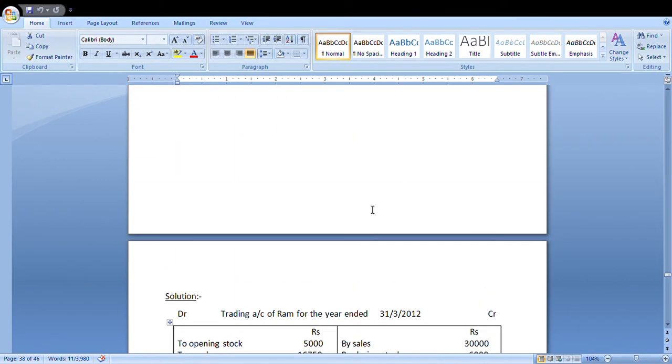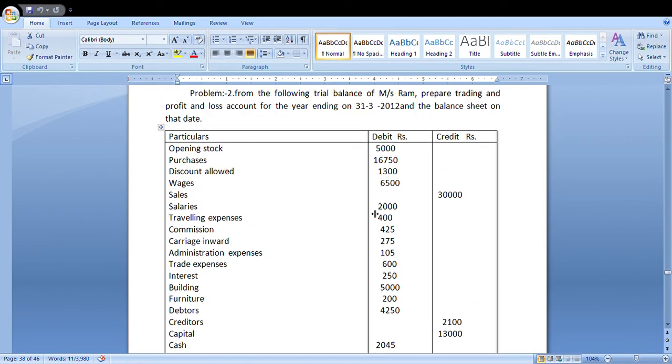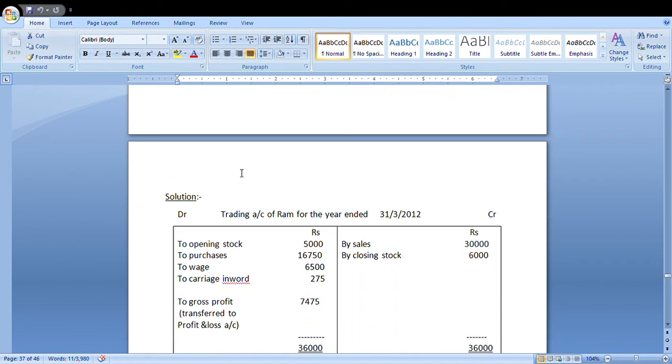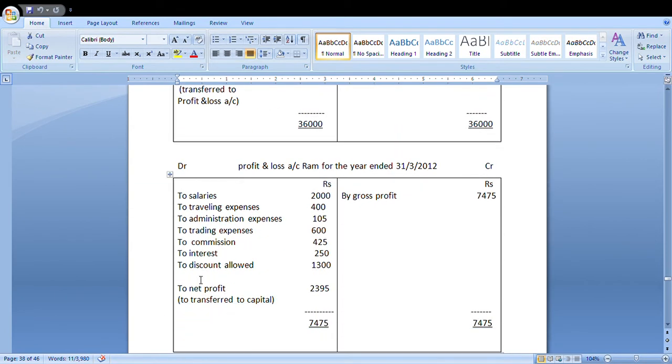First, opening stock is already entered in the trading account, so it is not entered again. Purchases are also entered in the trading account. Discount allowed is an expenditure, entered in the profit and loss account, not the trading account.